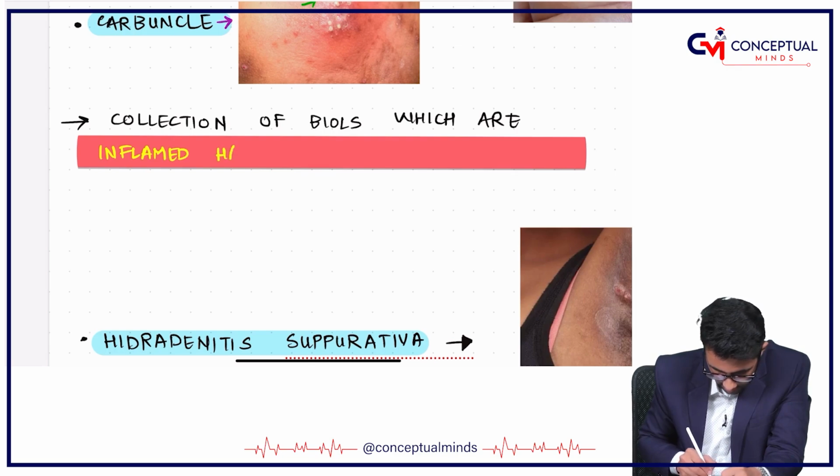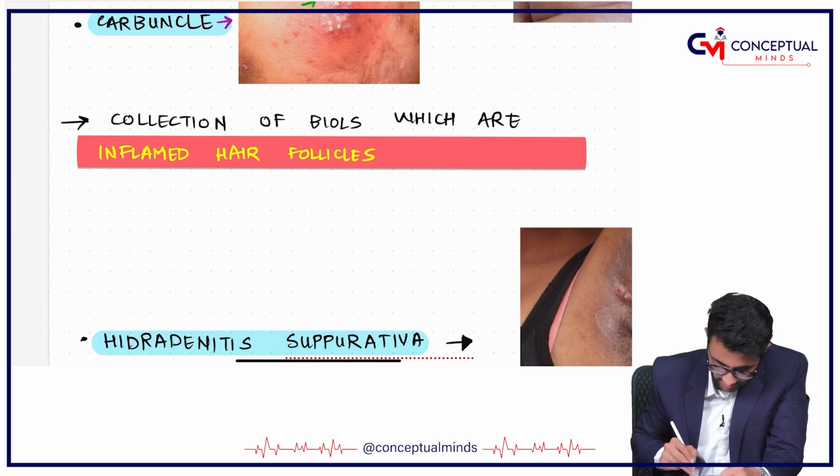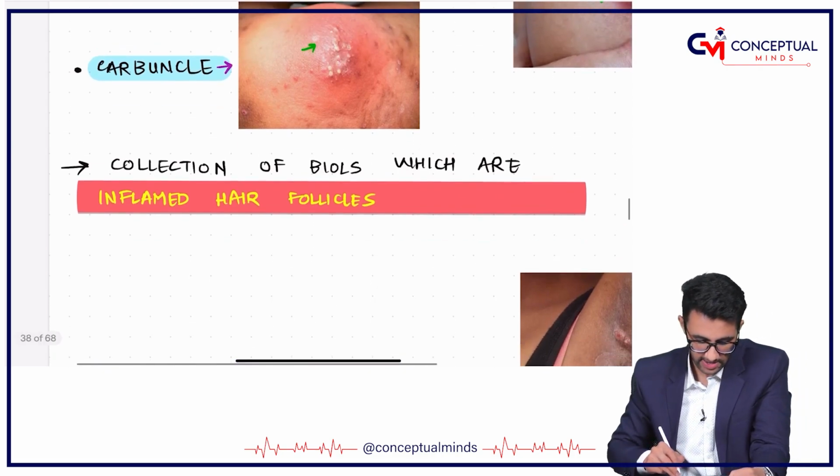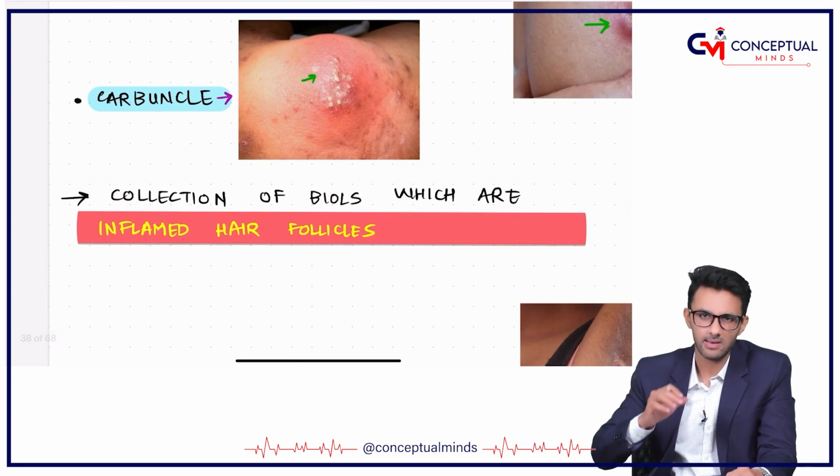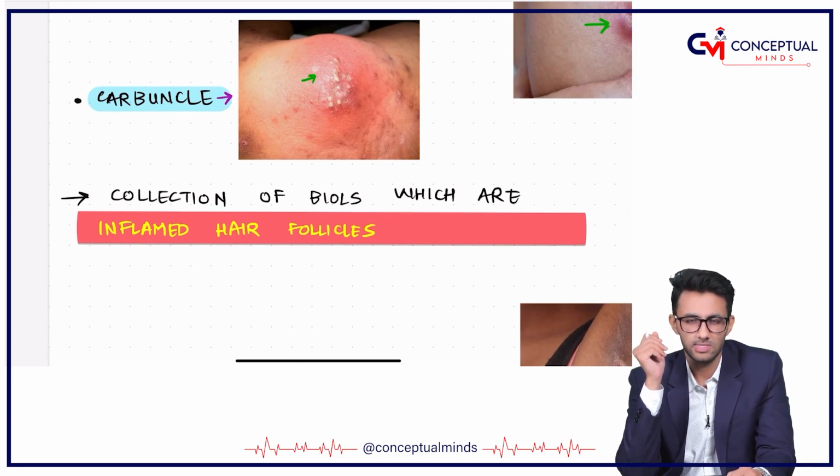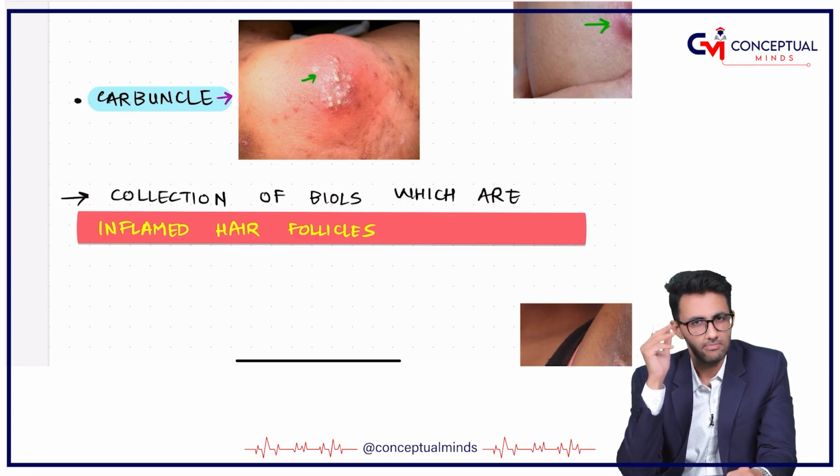So that is the reason we have this carbuncle. And most of the abscesses usually, that's the reason, right? Maybe there is a blockage of the apocrine glands. Maybe the sweat glands are blocked. That is the reason we could have this.